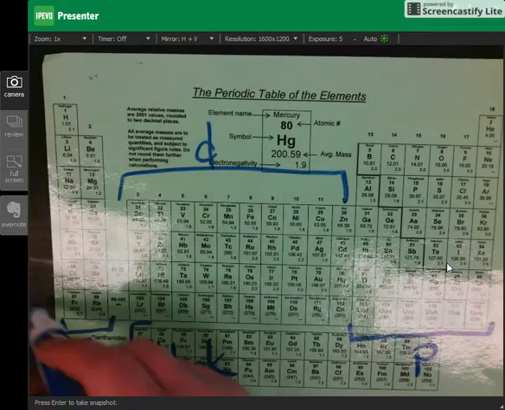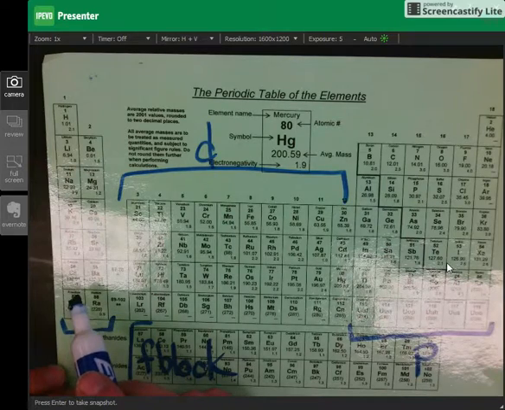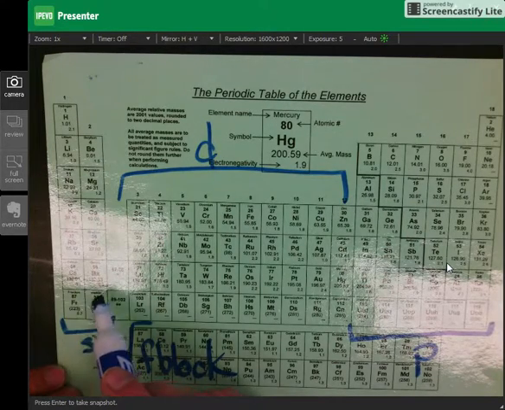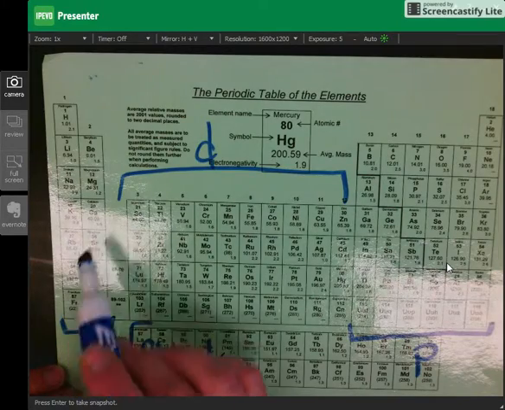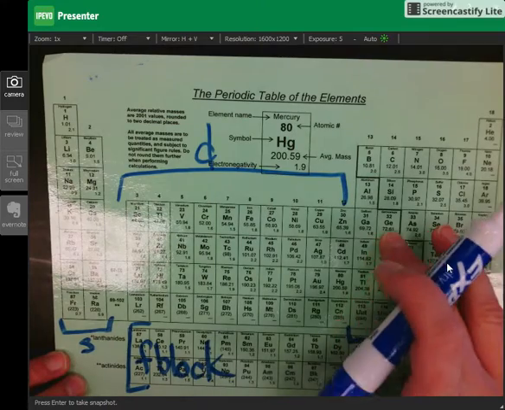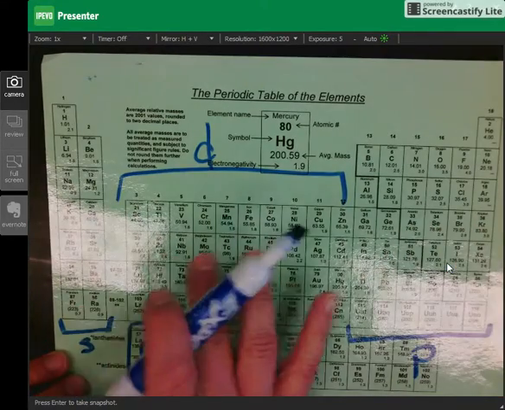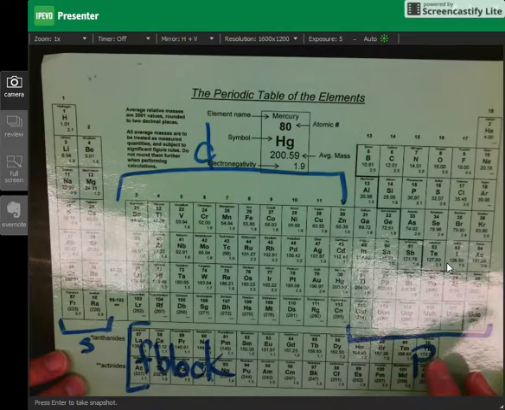And then in any of these columns, whatever block you are in, your exponent is whatever position you are in there. So these would all end in S1, these would all end in S2. These would be P1, P2, P3, P4, P5, and P6. Same with the D block, same with the F block.